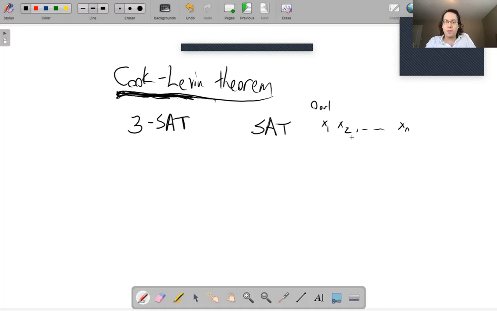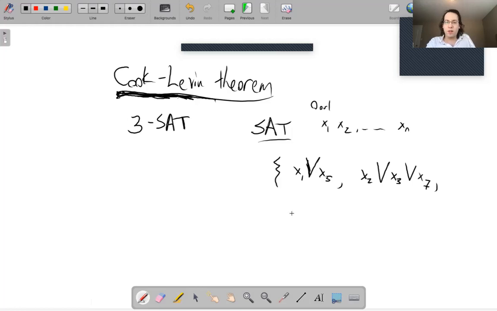So each of them is Boolean. And in SAT, you're given a set of clauses, like x1 or x5, and then x2 or x3 or x7.